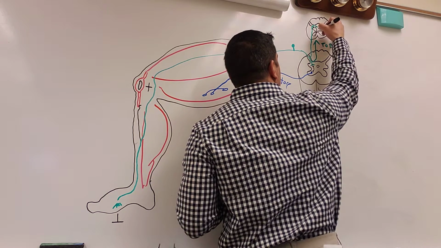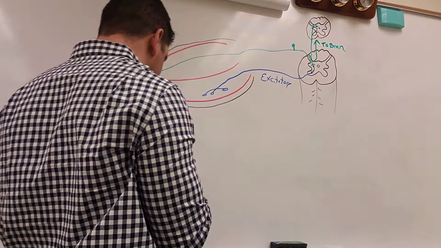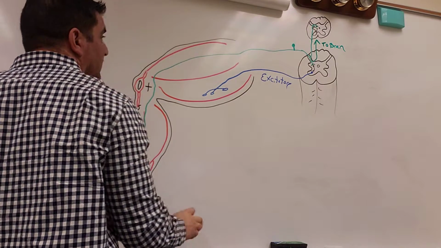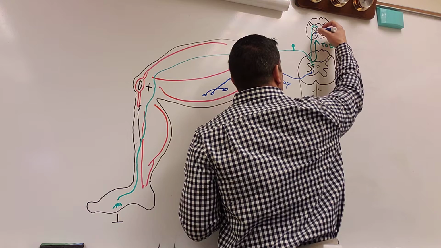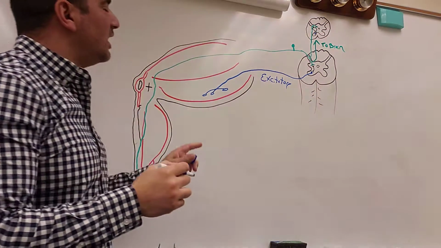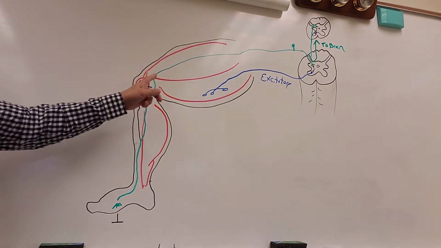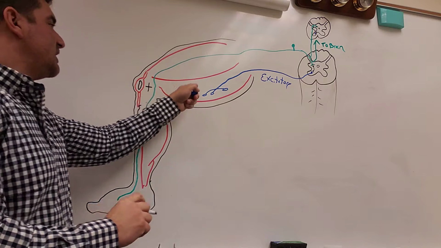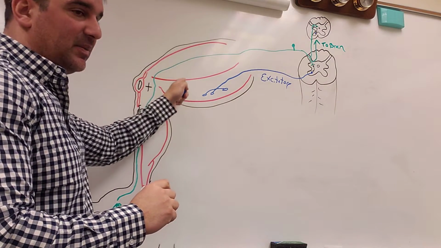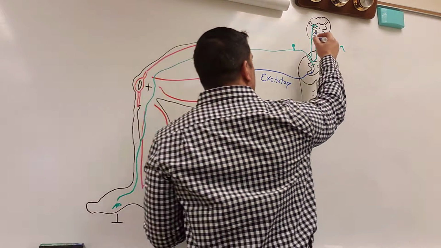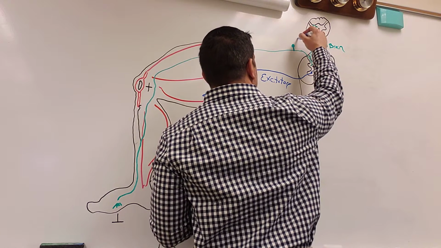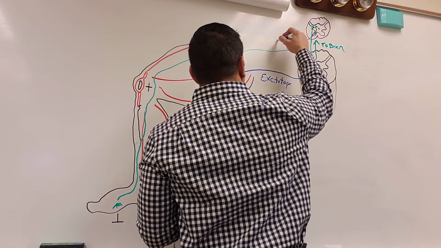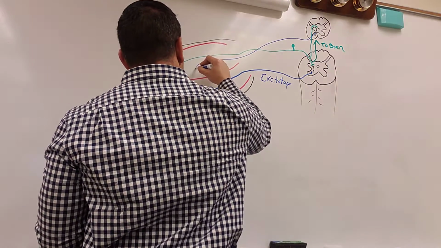And then that interneuron is going to synapse with an alpha motor neuron. And then that alpha motor neuron is going to innervate the antagonist, so the opposite side to this one. Ventral horn, ventral rootlet, ventral root. Boom.